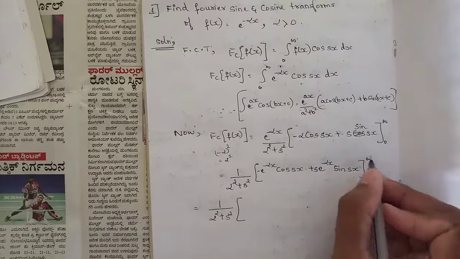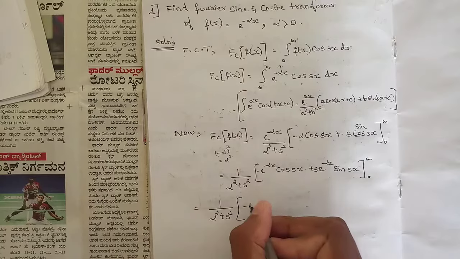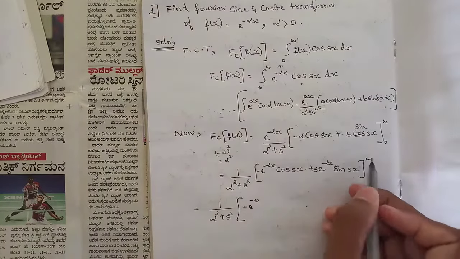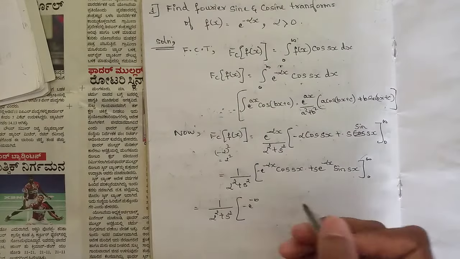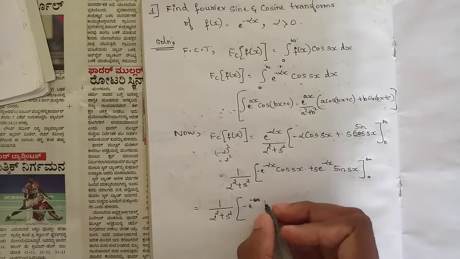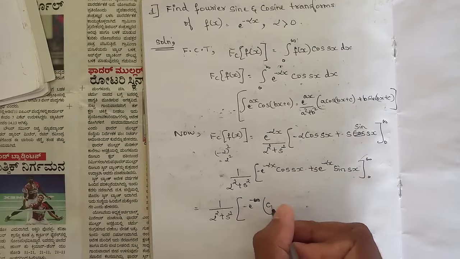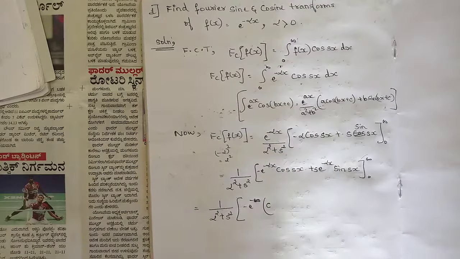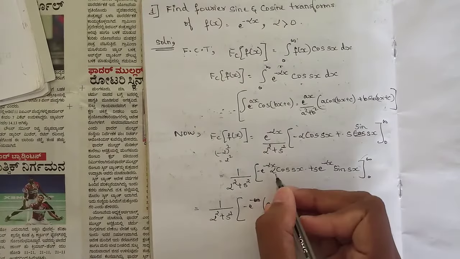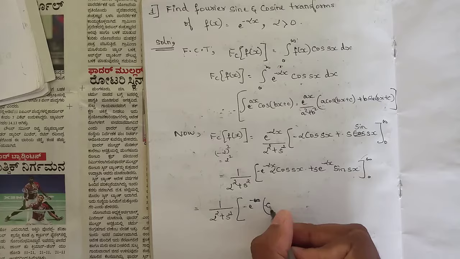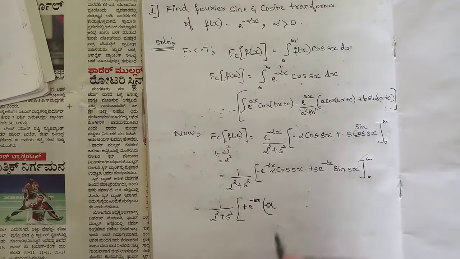Now the upper limit is infinity, so e to the power minus alpha, in place of x we write infinity. Infinity into anything is infinity only. Here there is an alpha term, into minus alpha. Let's take minus alpha common.